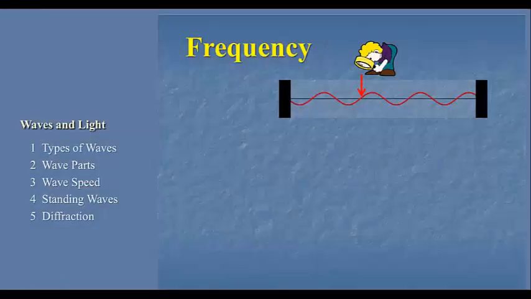Next, let's talk about frequency. Think of a transverse wave moving from left to right. And imagine you are standing to the side watching it go by. You would see a certain number of wavelengths pass each second. That number is called the frequency of the wave.